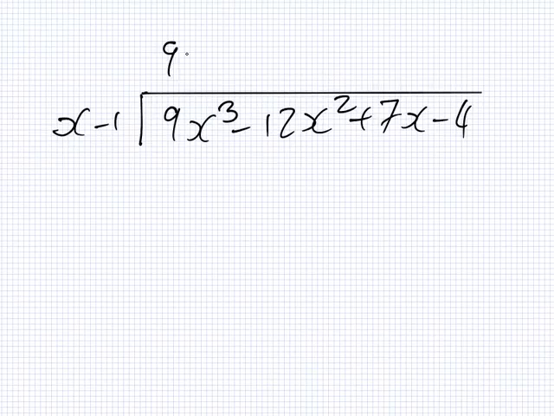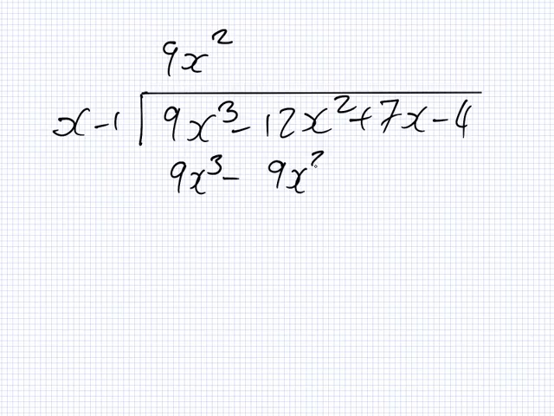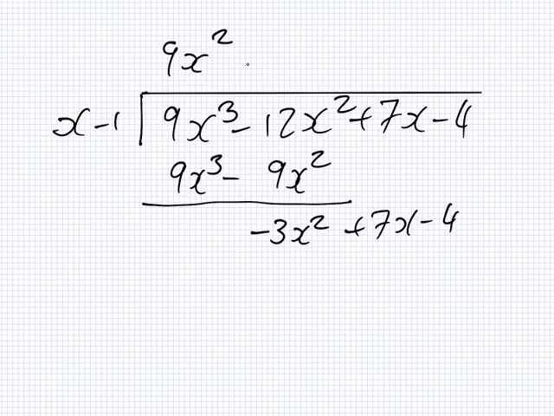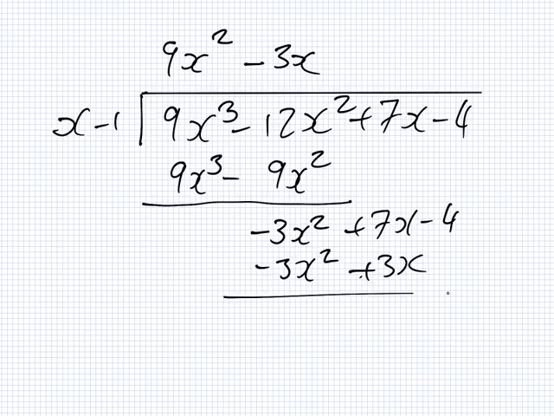So this will be 9x squared. 9x cubed minus 9x squared, and then I'm left with minus 3x squared plus 7x minus 4. Next, minus 3x, so that's minus 3x squared plus 3x, so I'm left with 4x minus 4, so that has to be a 4.